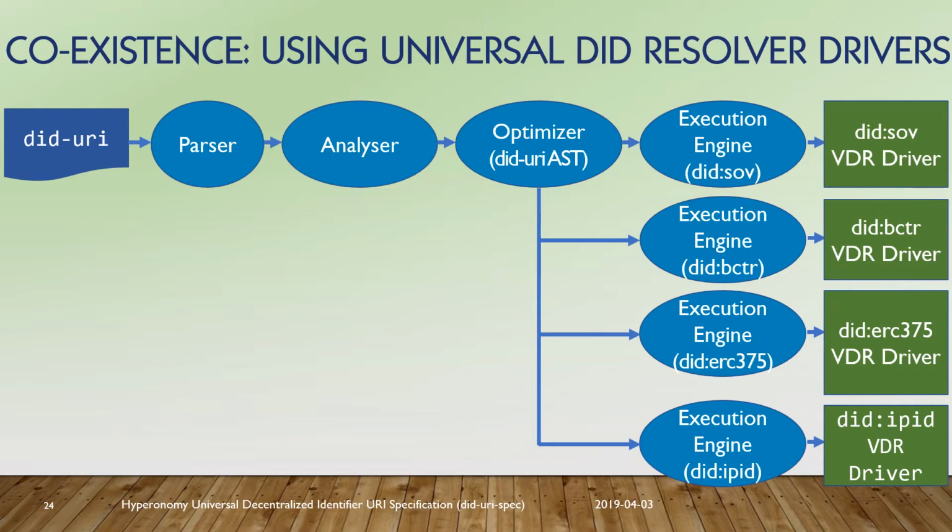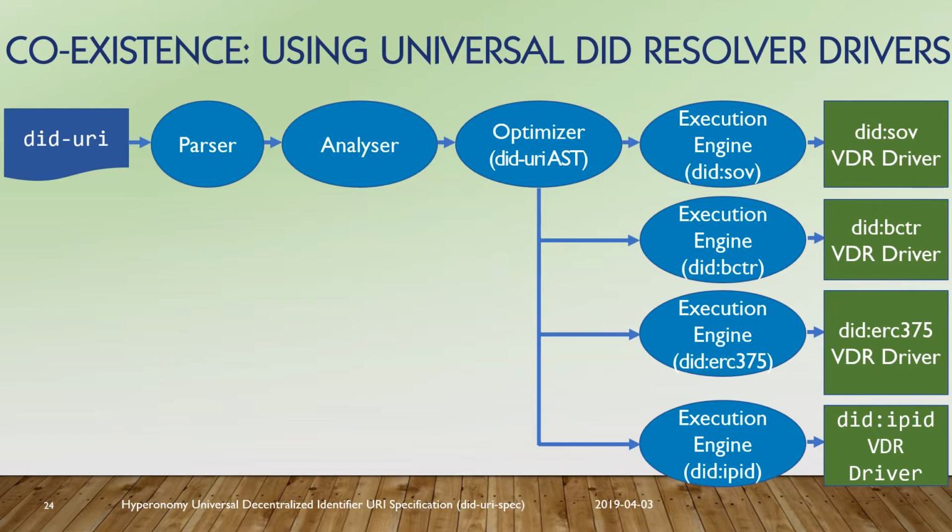If you go back to the very beginning of this webcast, to that executive summary section, where the blue arrows were showing how you go from the did-uri spec-based did-uris down to the did ABNF-based URLs, this is the slide.